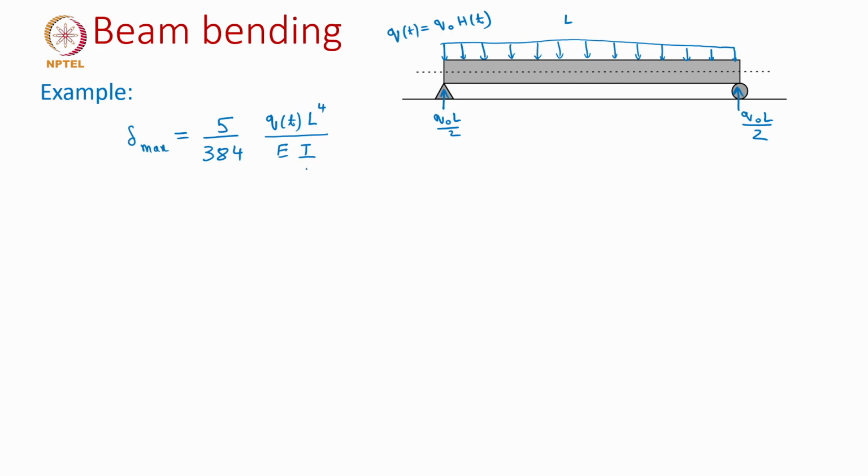So, again we see that we have an elastic constant E in the denominator. So, let us write it in such a way that we have the elastic constant in the numerator by replacing it with D, the compliance.